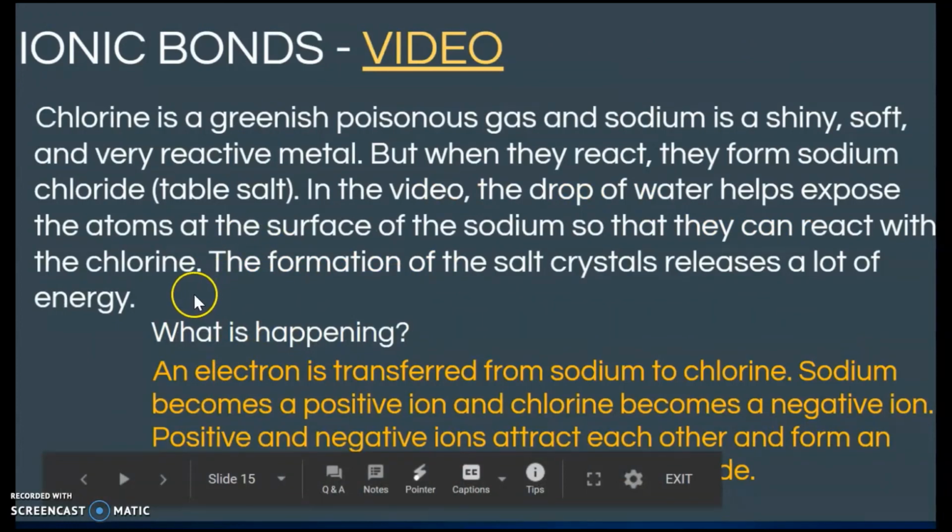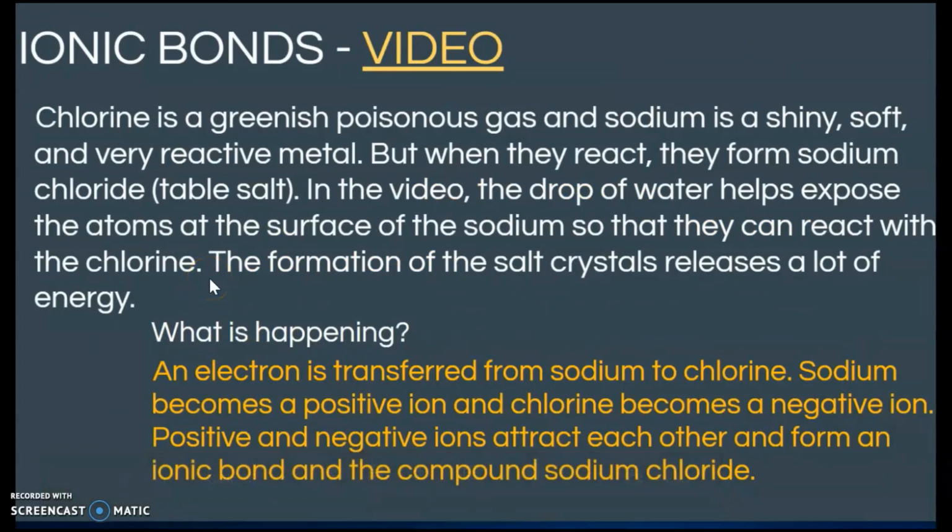So take a look at the videos that you can see on this later. Chlorine is a greenish poisonous gas, like we said before, and sodium is this soft, shiny, very reactive metal. But when they react, they form sodium chloride, just normal table salt. So in the video, a drop of water helps expose the atoms at the surface of the sodium so they can react with the chlorine. So during the formation of this salt crystal, it's an example of this ionic bond happening.